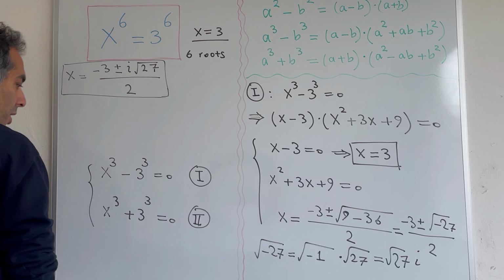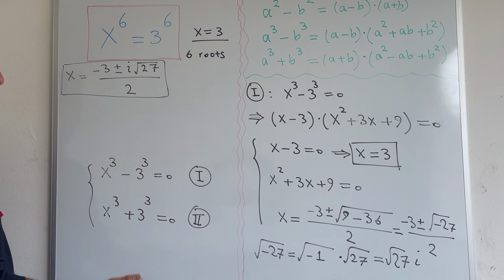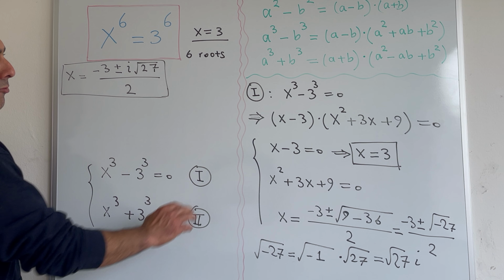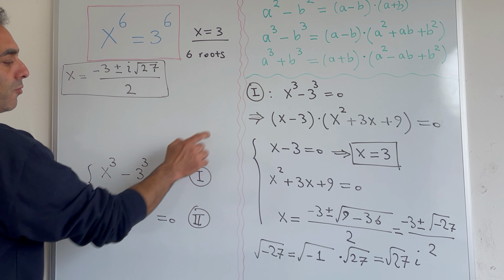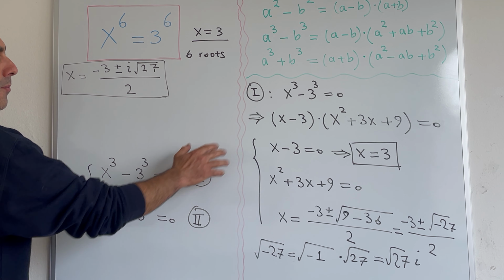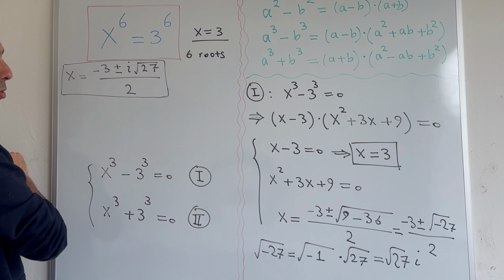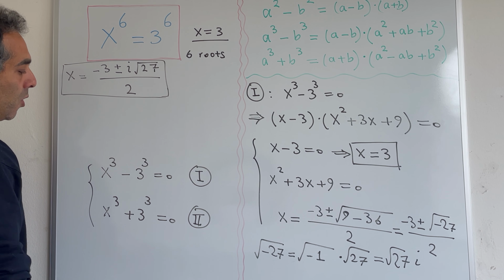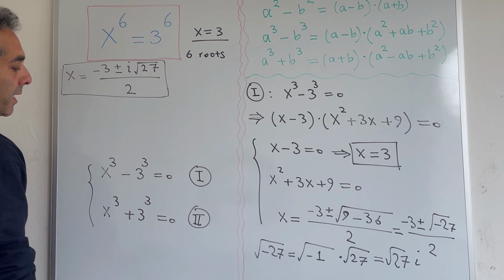Okay, I can come back to the rest of our solution. For equation 1, the first equation, I have 3 roots. I can now go back to the second equation.